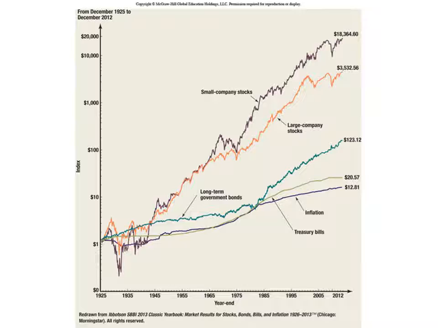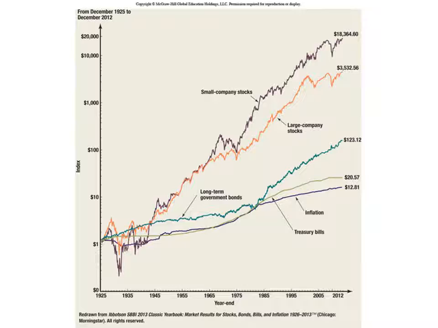We use the term volatility to discuss this roughness, and we say that the more volatile something is, the riskier it is. I want you to also notice that $1 invested in the beginning here would have yielded $123.12, which is over 6 times as much as investing in the Treasury bills.